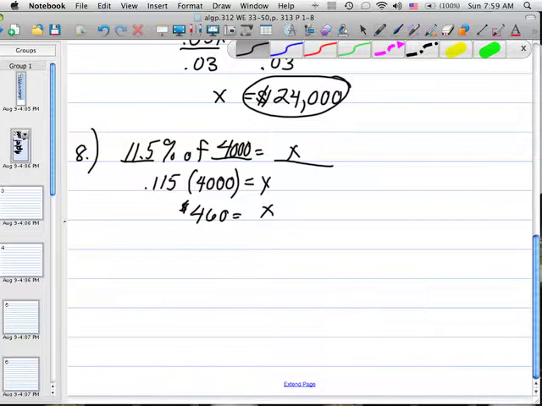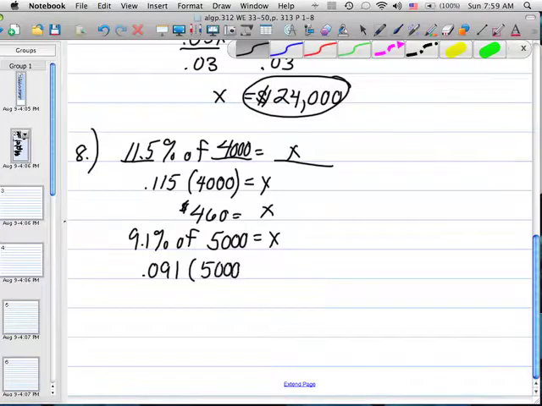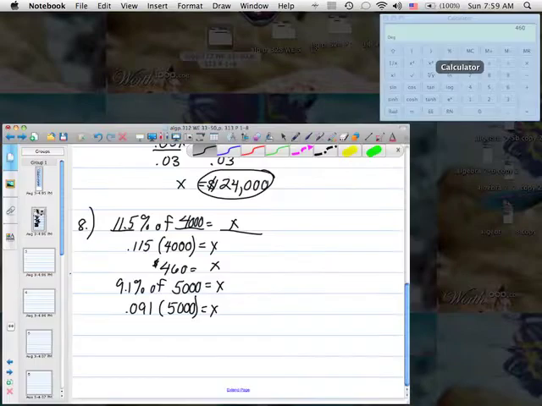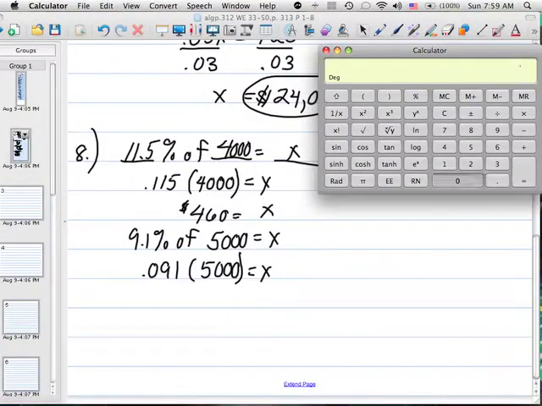And the other investment was $5,000, paying 9.1%. So 9.1% of 5,000 equals what? Change 9.1% to 0.091 and times it by 5,000. So 0.091 times 5,000.